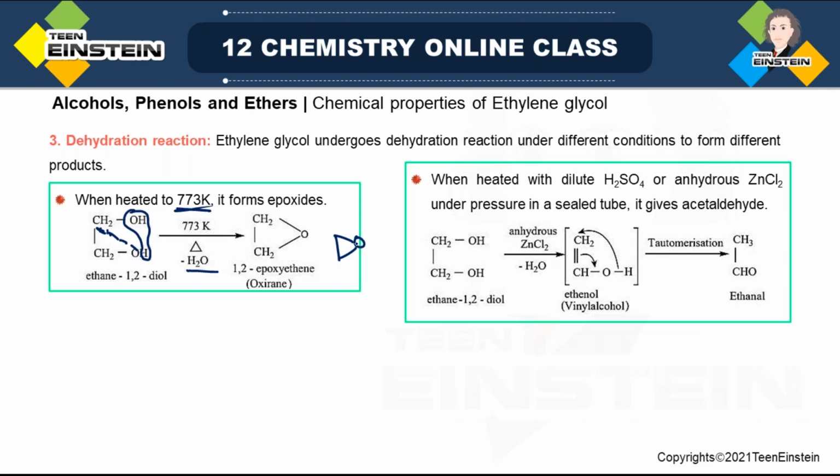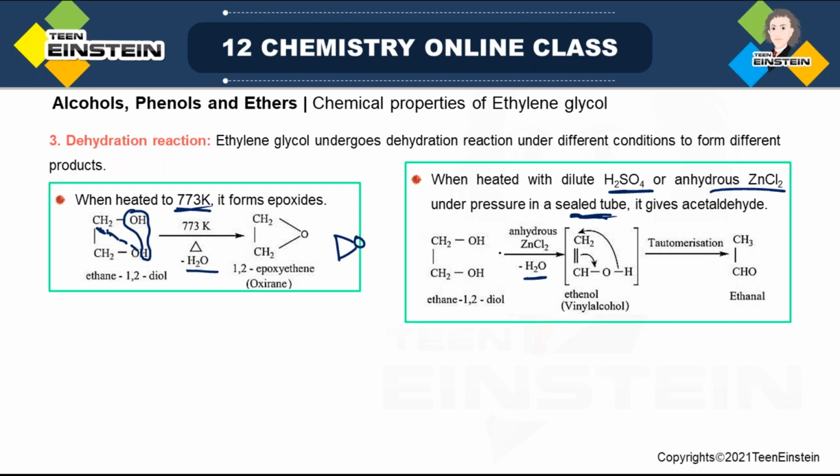Another dehydration. If you are heating ethylene glycol with dilute H2SO4 or anhydrous ZnCl2 under pressure in a sealed tube, you have to maintain all these conditions. Now what is happening? First, water is removed, as if one H and OH are removed. But remember, here epoxide is not formed.